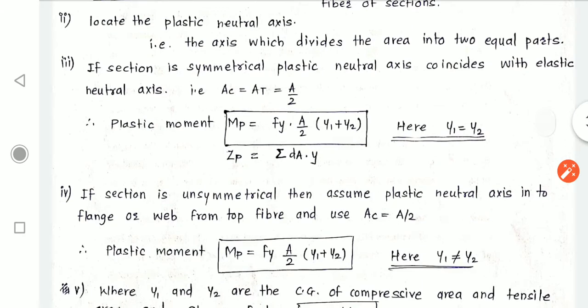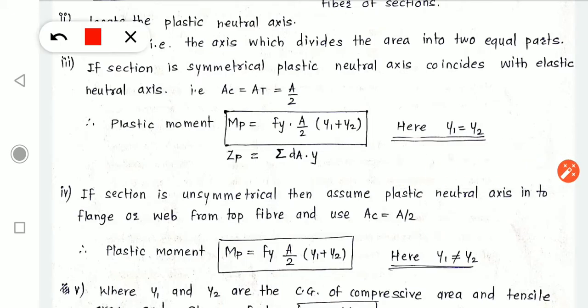So there is no need to worry about any assumptions in the symmetrical section. But when we do this for an unsymmetrical section, we need to assume. We will learn that in the immediate next stage.